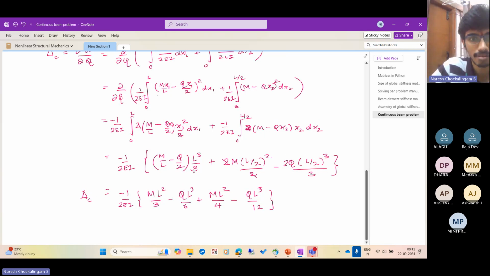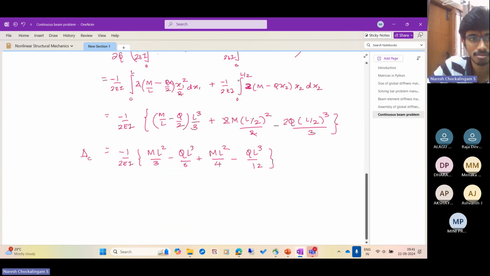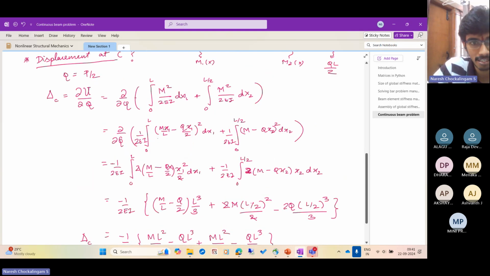But what is m? At the point C, the rotation has to be 0. So what is theta C? Theta C is dou u by dou m. So take the same expression.